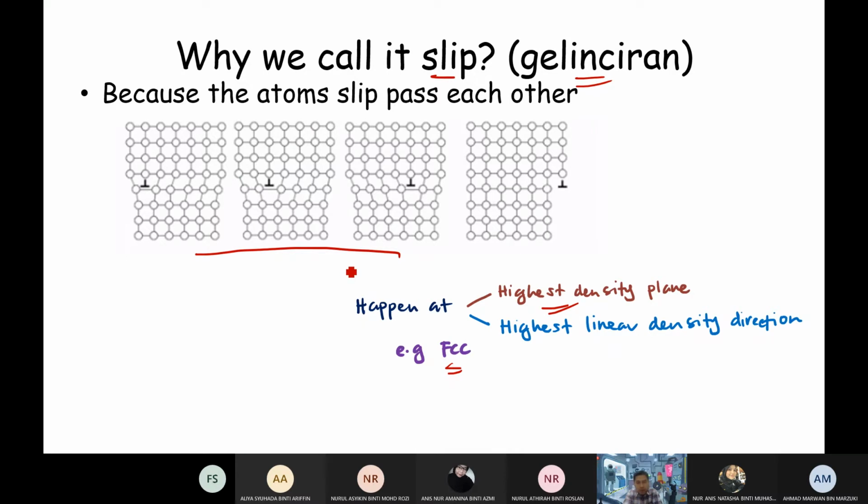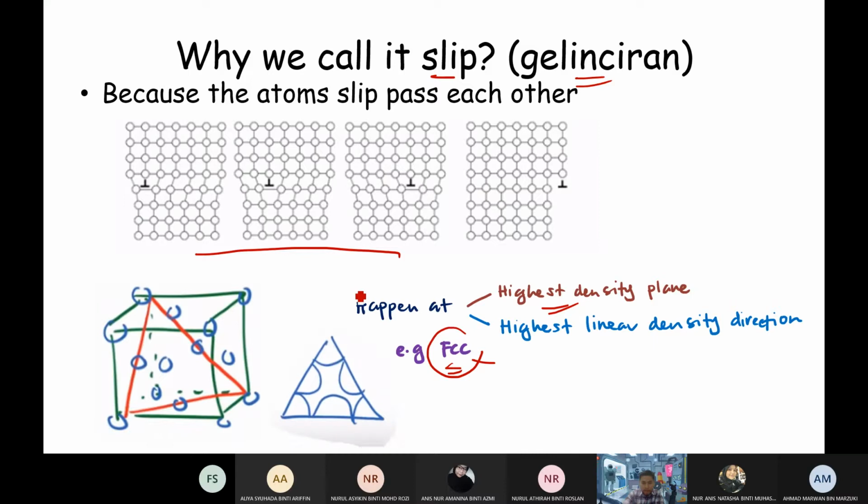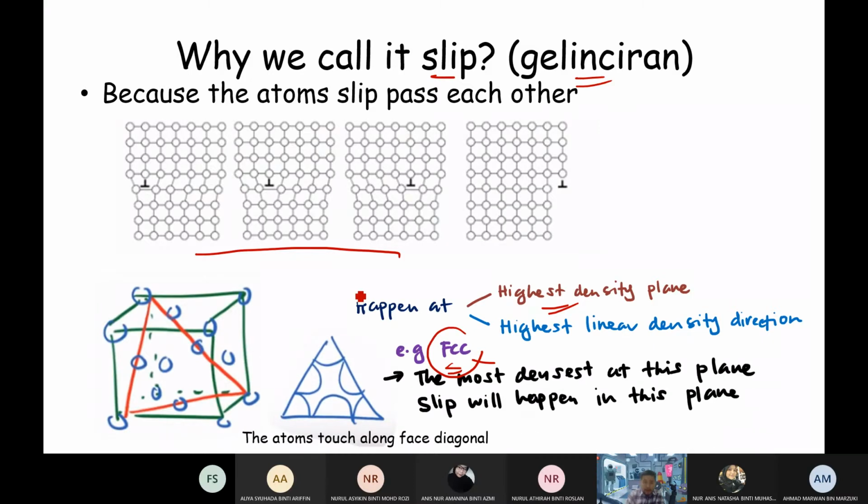We have a BCC, we have a FCC, we have a HCP, right? Apa nama penuh dia? Okay, FCC, if you still remember, is face centered cubic, yeah?